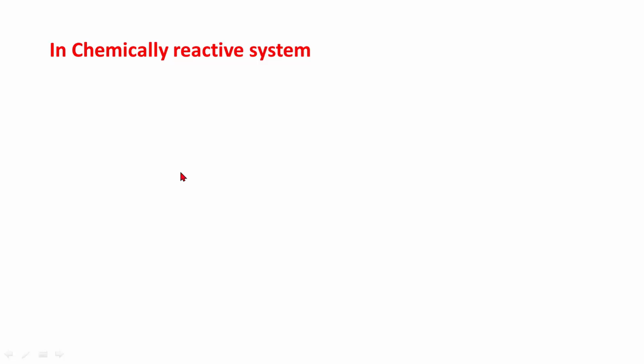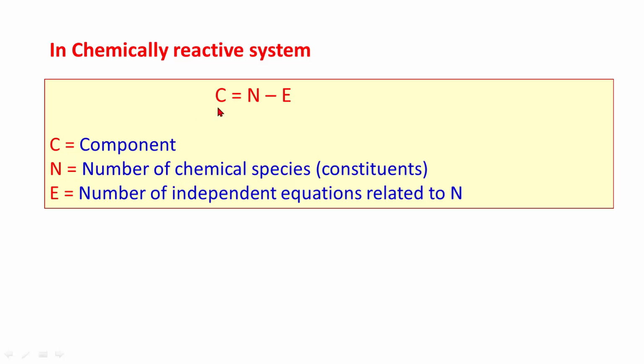In a chemically reactive system, the relationship is C is equal to N minus E. C is the number of components, N is the number of chemical species, that is constituents.